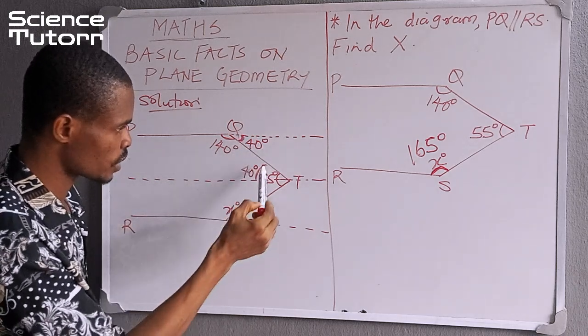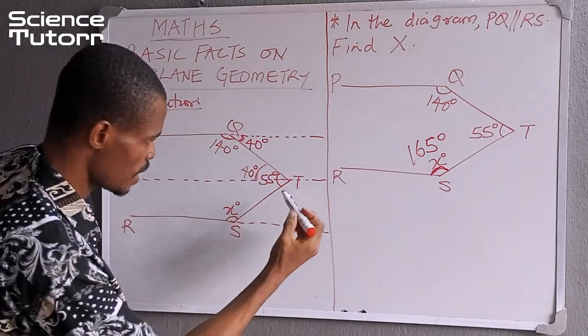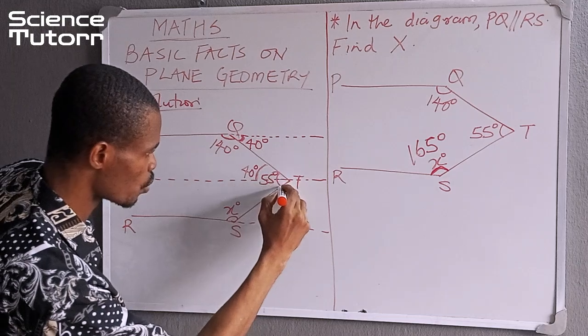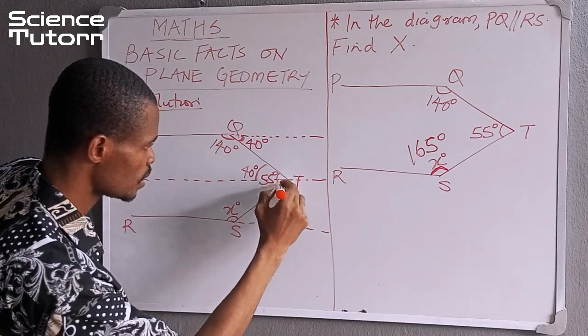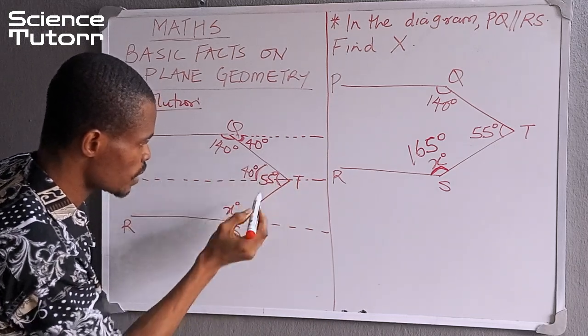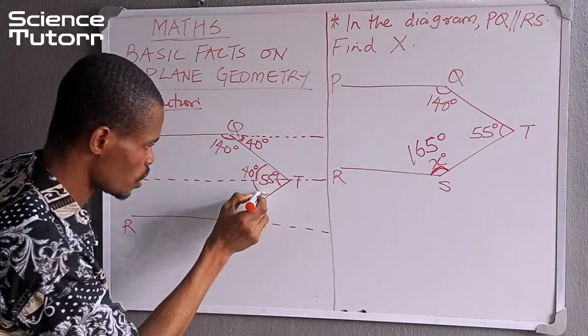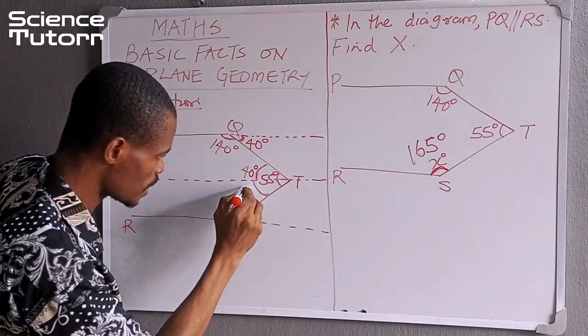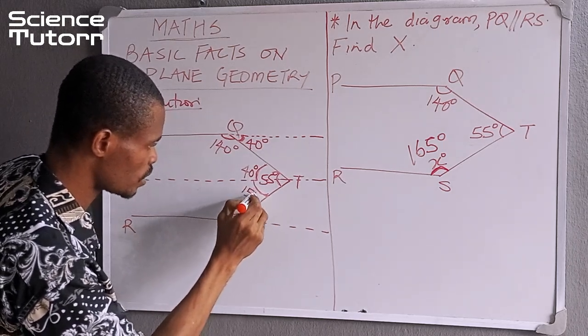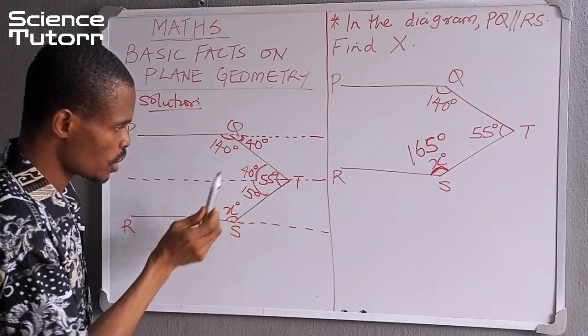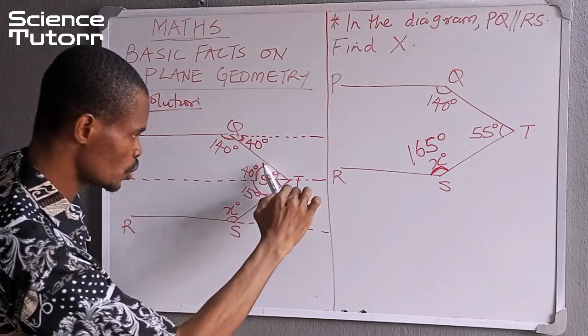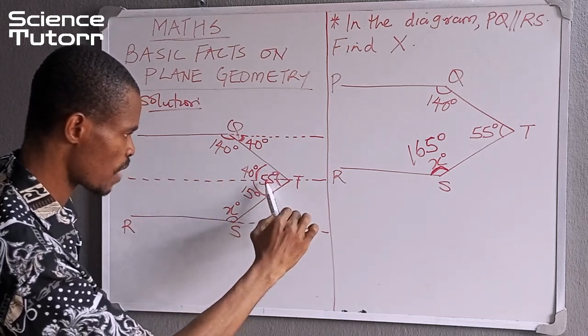So this angle is equal to this angle. And if the whole of this angle is 55, it means 40 plus this will give us 55. So that makes this angle 15 degrees. So 40 plus 15 gives us the whole angle, which is 55.